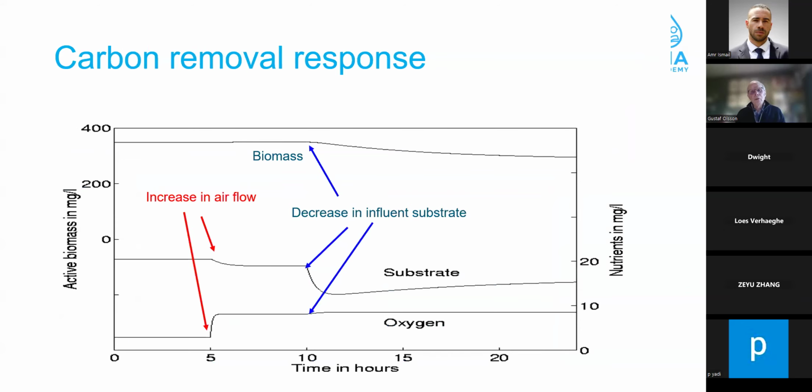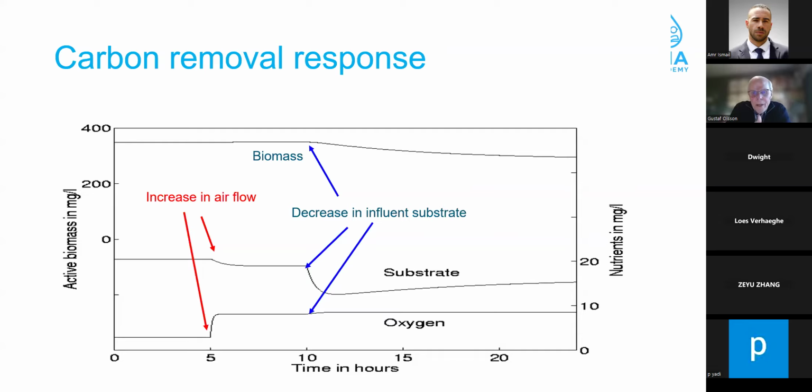Let me show you what happened now in that very simple model with 3 states. And that made people realize the difference in timescales. We are talking about time in hours here. And at 5 hours, you can see with the red arrow the increase in the airflow.